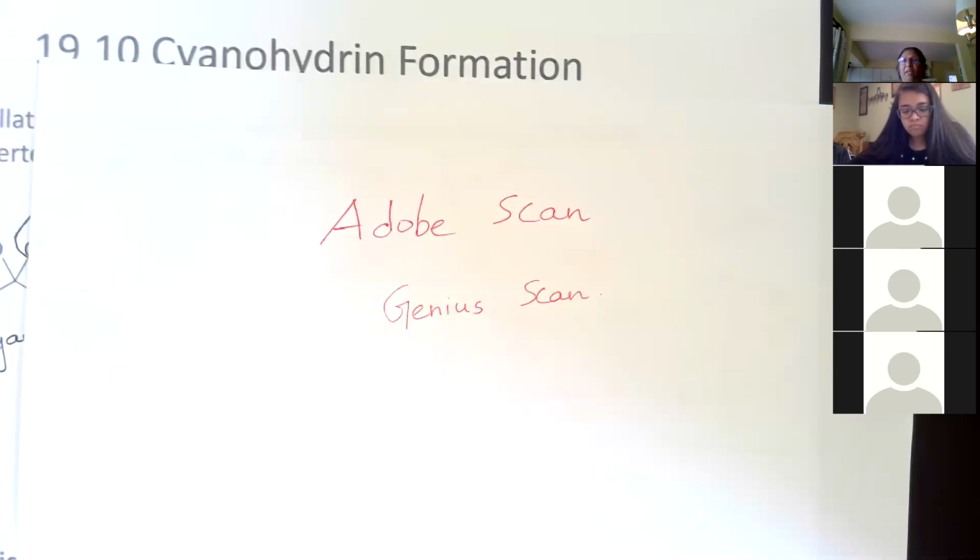Anybody using Adobe Scan in the class? No, okay. But some others were fine. I think Jamie's was fine. Hutch's was fine, and Deanna's as well. There were different files.